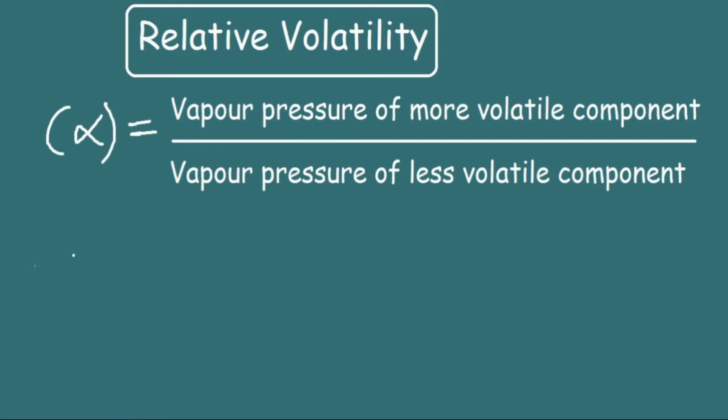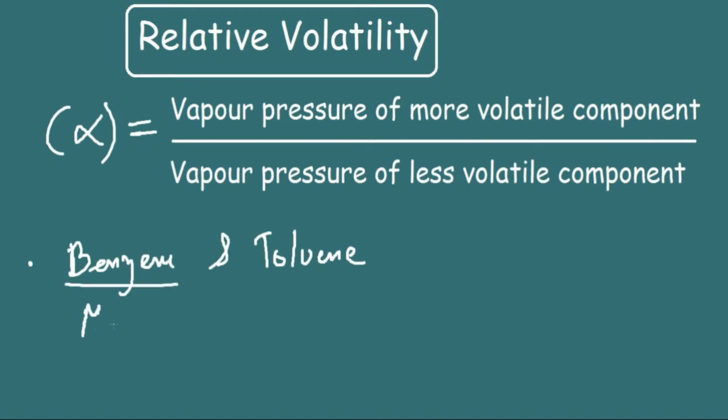Now if I have a binary mixture of benzene and toluene, then we know that benzene is the more volatile component, and toluene is the less volatile component. LVC is the less volatile component and benzene is the more volatile component. A component is called more volatile if its boiling point is low.